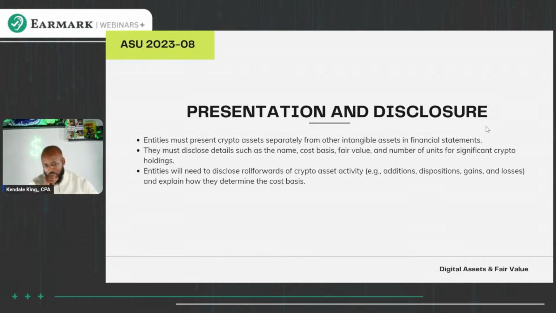So I want to say that before this was even put out, there's a company that I used to work for, actually. It's called Propeller Industries. They came up with what is called the Statement of Digital Assets, SODA, which is kind of getting to this already, and listing it all out.